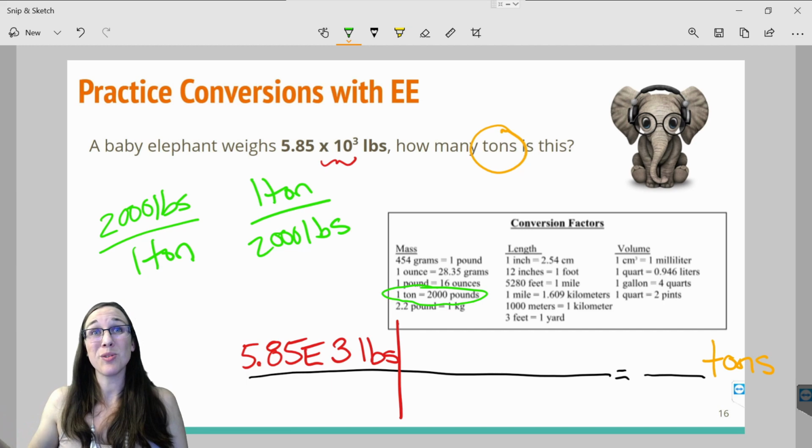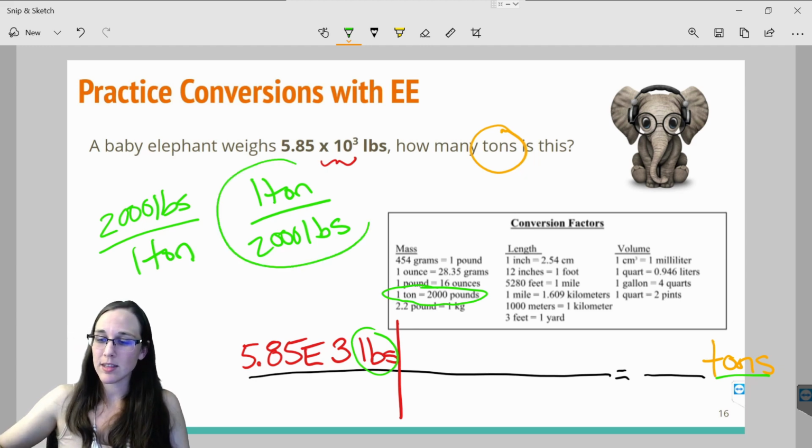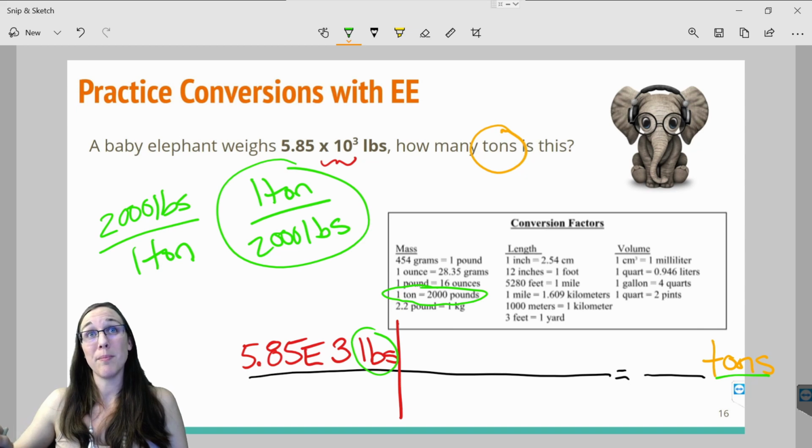Those two things are equivalent, but we need it a certain way for our pounds here to cancel and give us tons in the end. So we need pounds to go on the bottom. We need that domino to go on the bottom. That means we need to use this one where pounds are on the bottom.